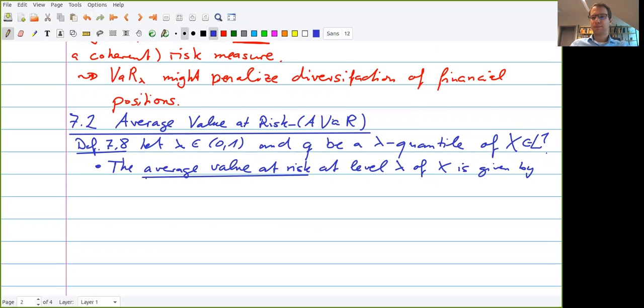So I told you that the issue with the value at risk of not being convex is basically created by the discontinuities of the quantile function, which is of course related to the discontinuity of the distribution function. So there's a simple trick to make our life smooth. You might have seen it in different courses in your studies already.